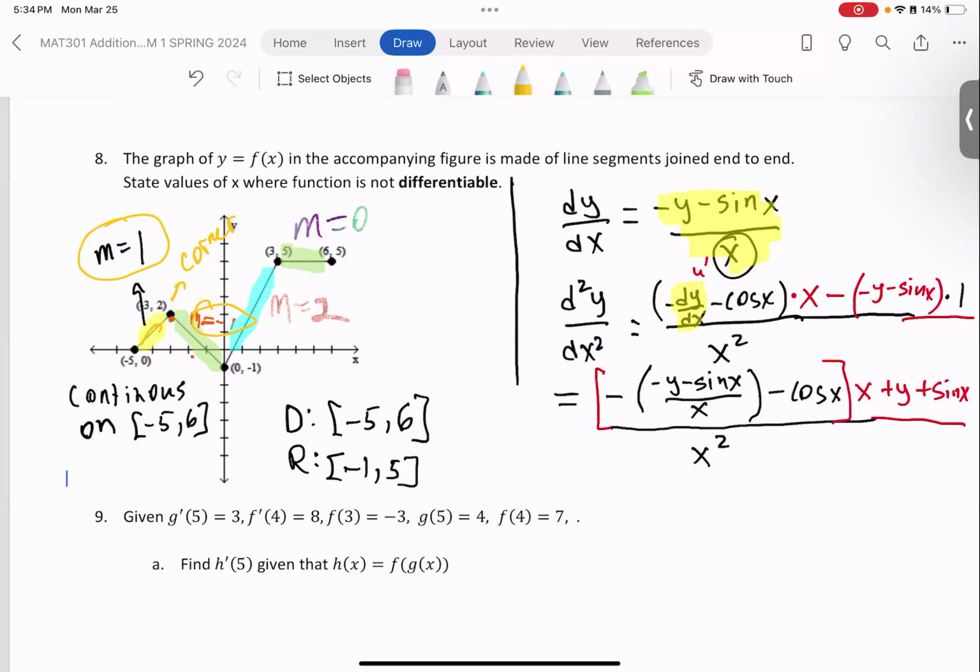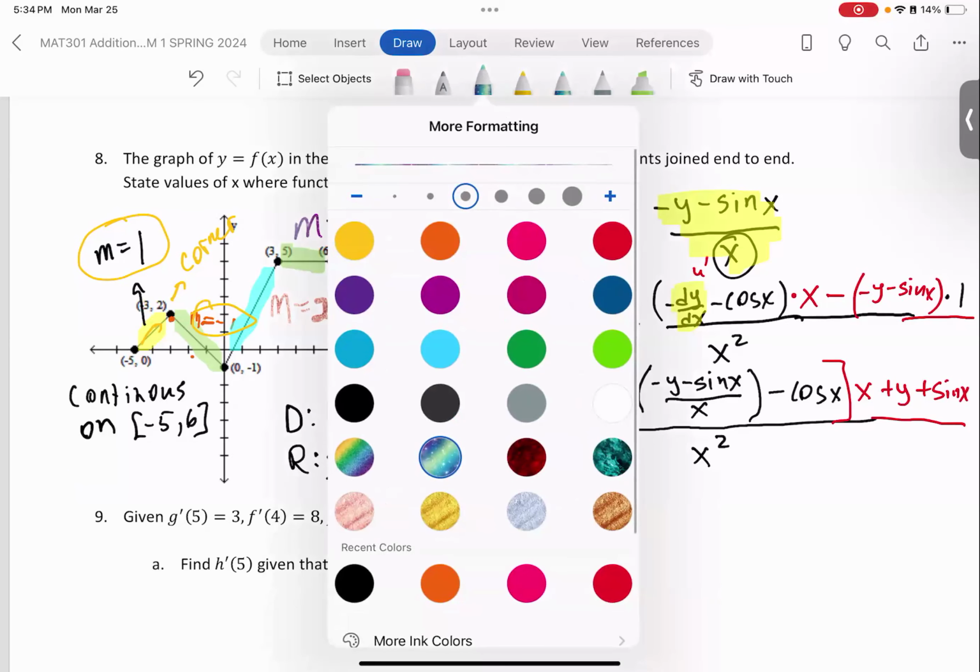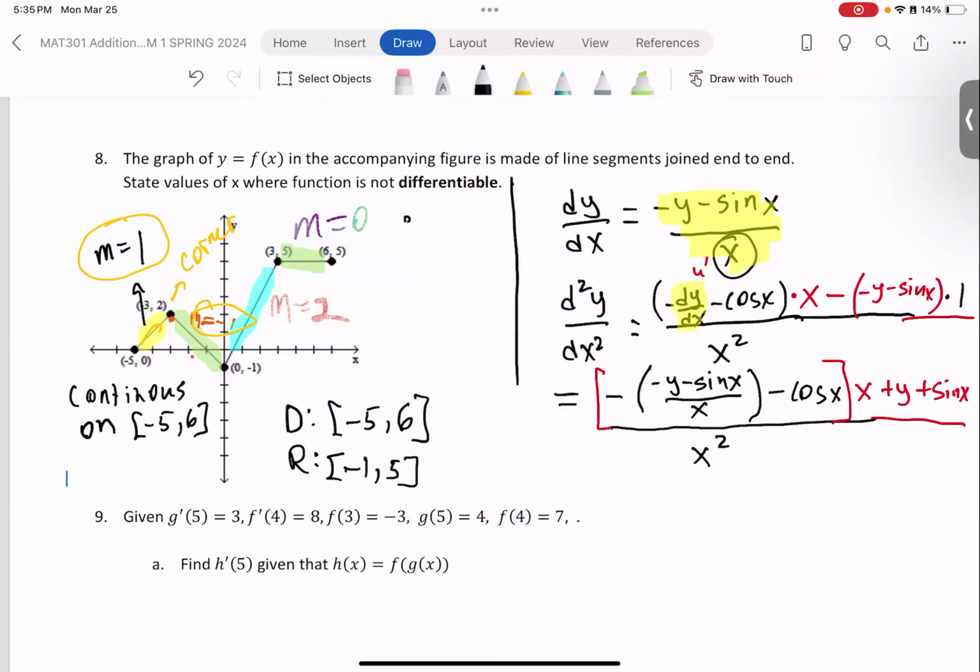That's -3, right? So let's make it super clear. What is f of -3? Oh, it's even labeled. Okay, great. Is it continuous there? Yes, because you got a point.